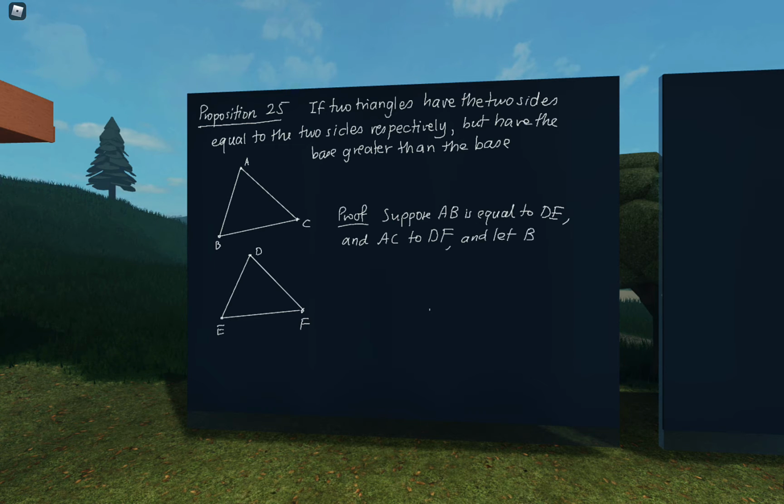And let BC be greater than EF. They will also have one of the angles contained by the straight lines greater than the other.